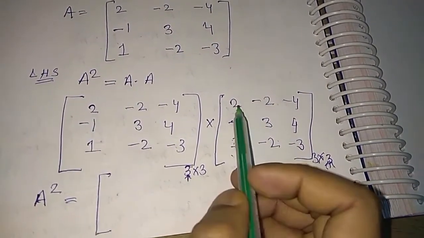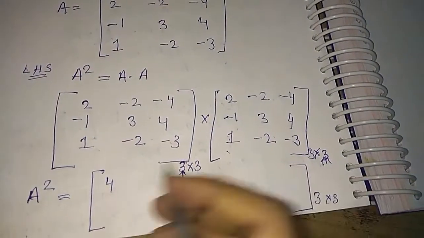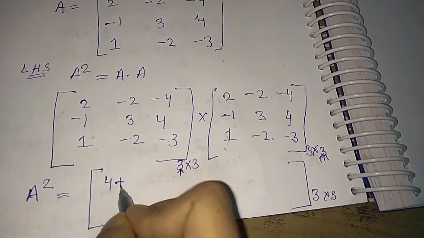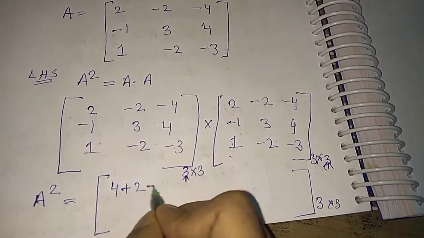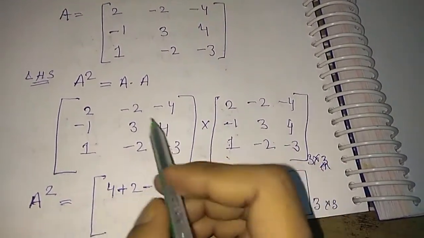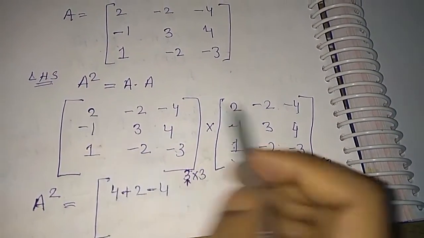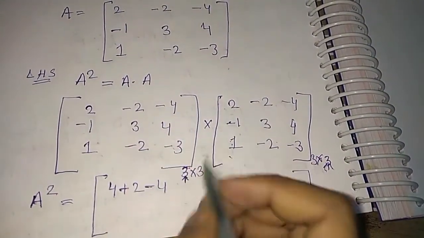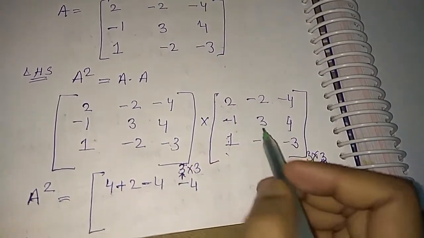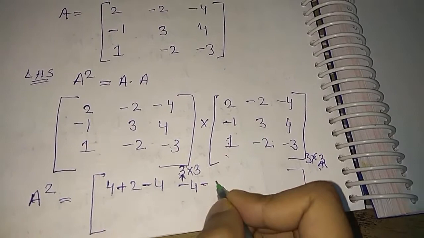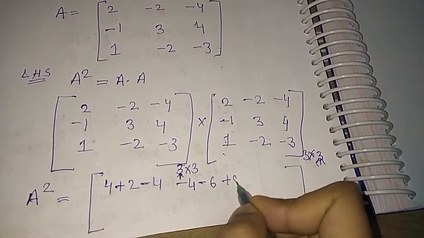So 2 into 2 is 4, minus 2 into minus 1 is plus 2, and minus 4 into 1 is minus 4. For the next element we go with 2 and minus 2: 2 into minus 2 gives minus 4, minus 2 into 3 gives minus 6, and minus 4 into minus 2 gives plus 8.